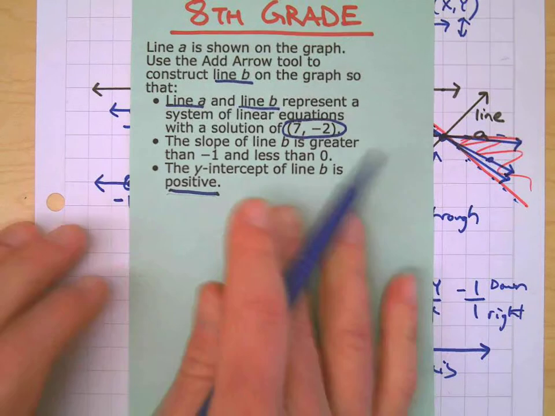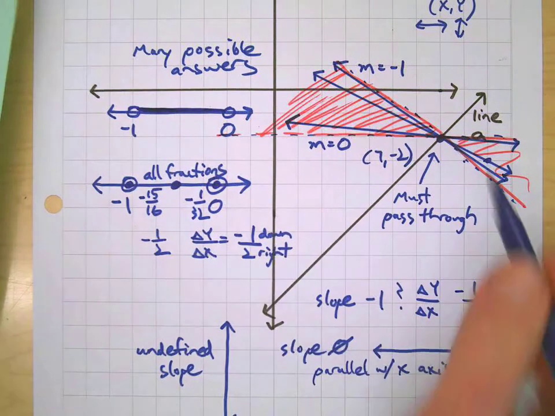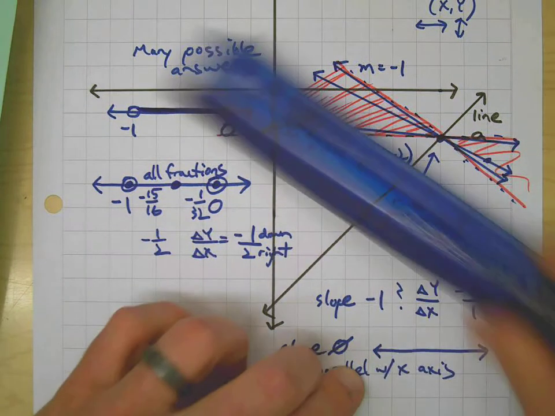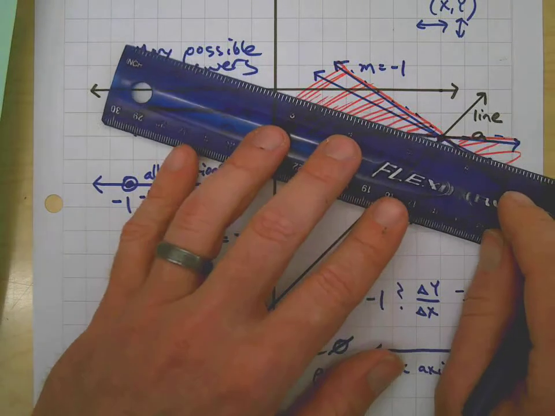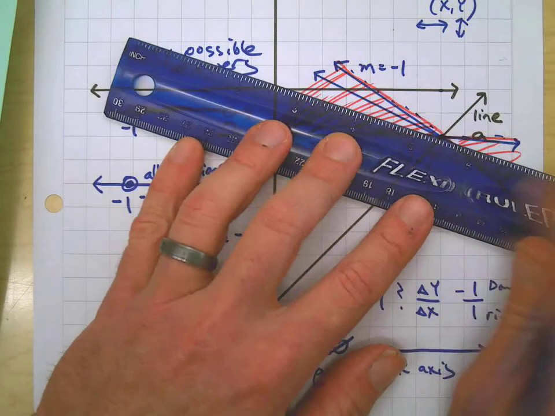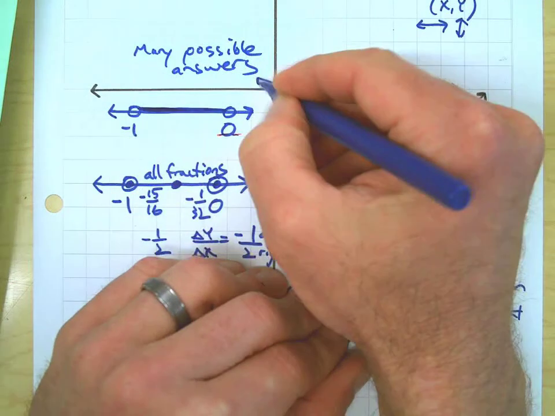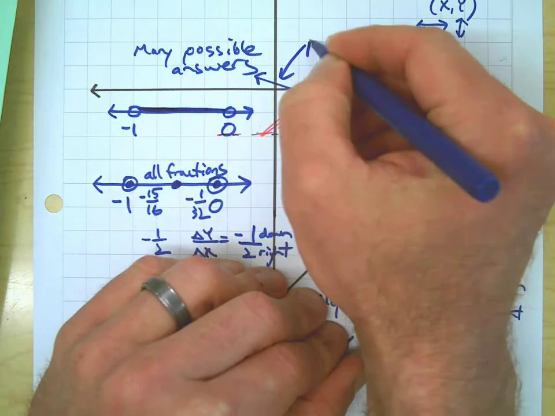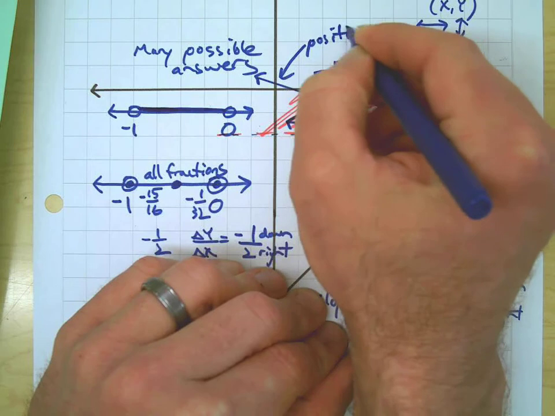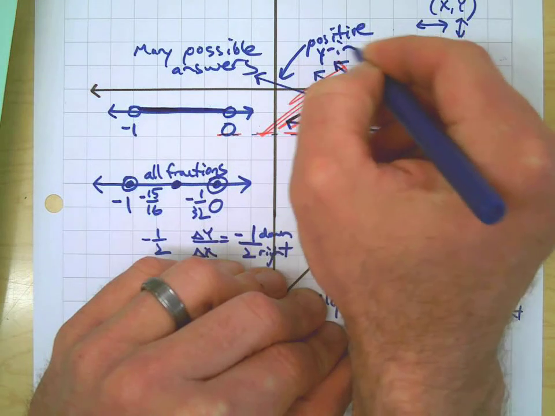The y-intercept of line B is positive. So that means there. Positive y-intercept.